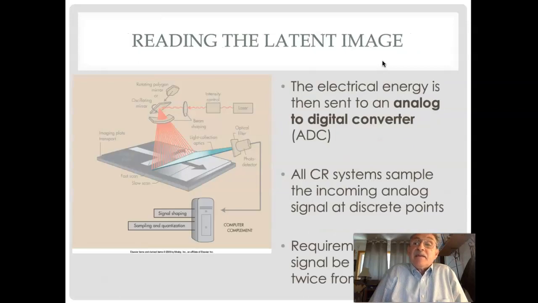Moving on. The electrical energy is then sent to an analog to digital converter, the ADC. All CR systems sample the incoming analog signal at discrete points. And you remember Nyquist? The requirement is that the signal be sampled at least twice from each cycle. And that is the Nyquist frequency, or the Nyquist theorem.